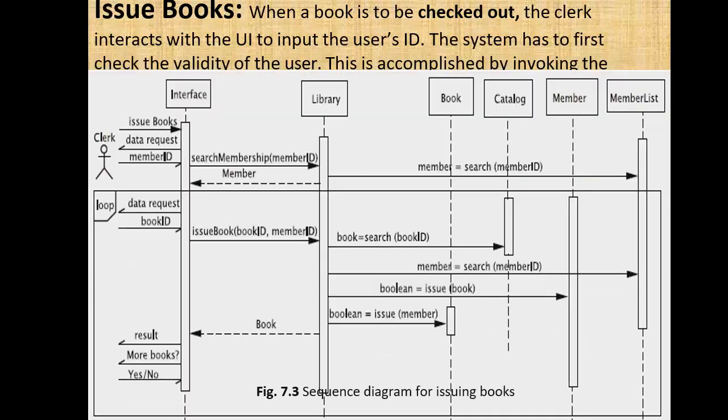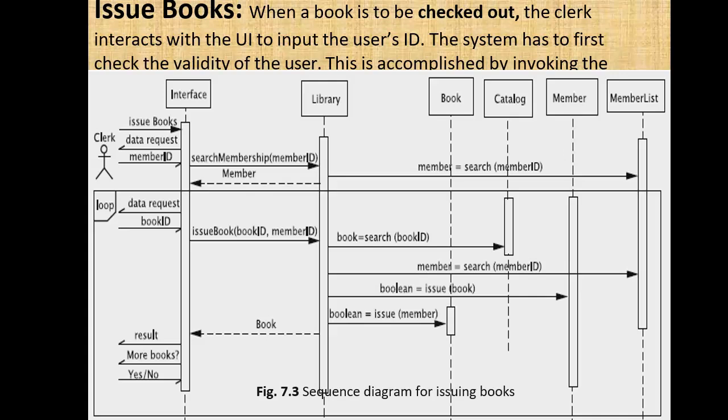The issue book. When a book is to be checked out, the clerk interacts with the UI to input the user's ID. The system has to first check the validity of the user, and this is accomplished by invoking the respective methods. With respect to this sequence diagram, for issue books, it will request the data.